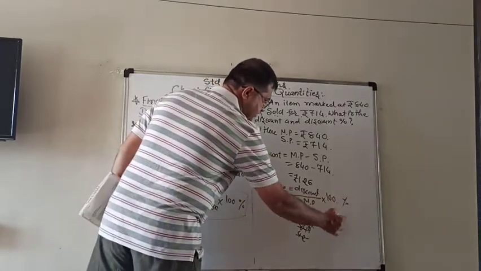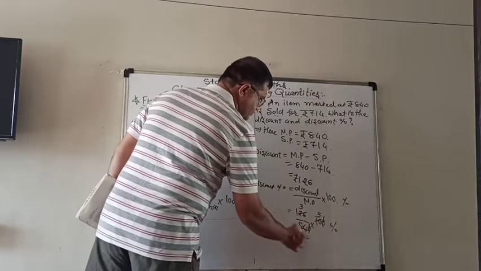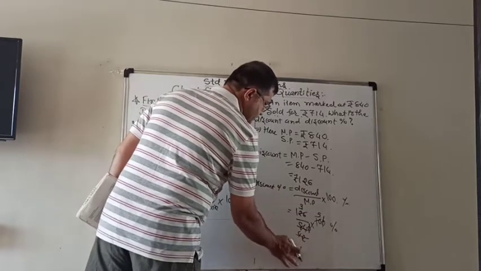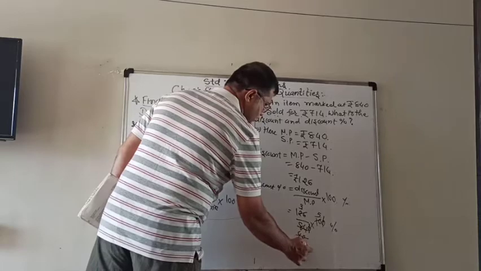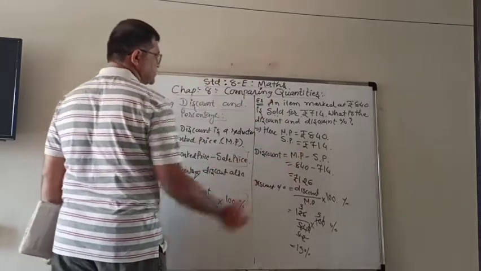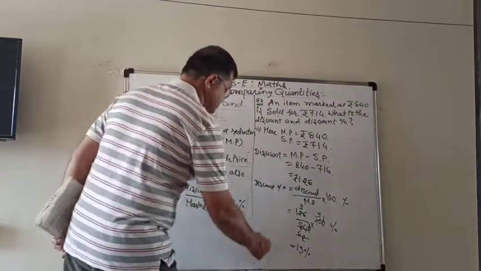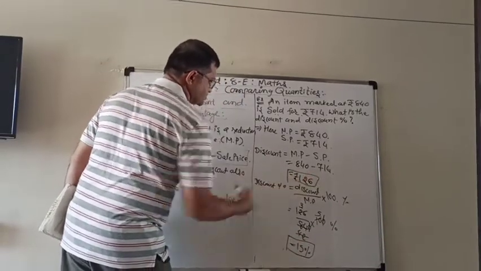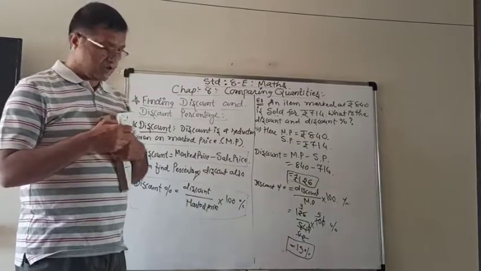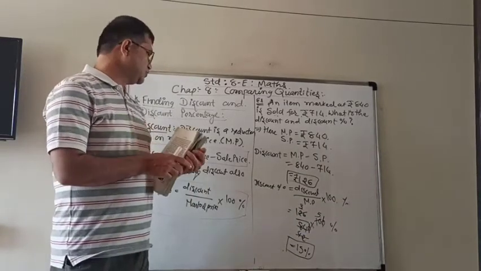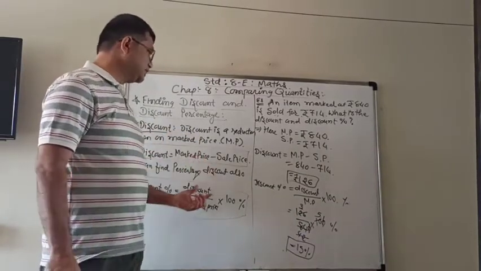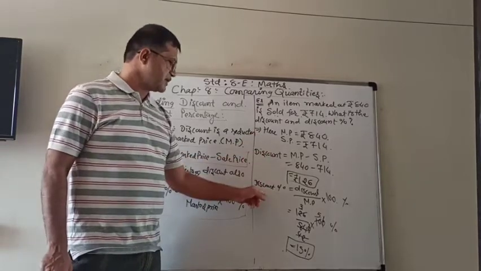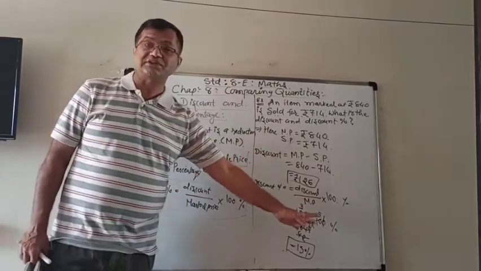That much percentage. So now 3 5s are 15. So discount is rupees 126 and discount percent is 15%. So by this way, if you know this method, you can find the discount and the discount percentage.